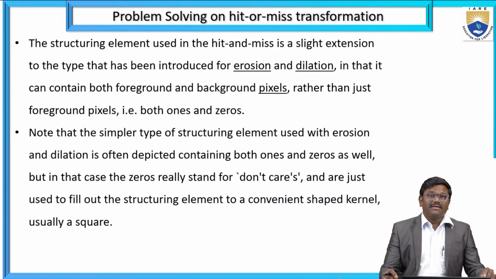Note that the simpler type of structuring element used with erosion and dilation is often depicted containing both ones and zeros as well. But in that case, the zeros really stand for don't care and are just used to fill out the structuring element to a convenient shaped kernel, usually square.